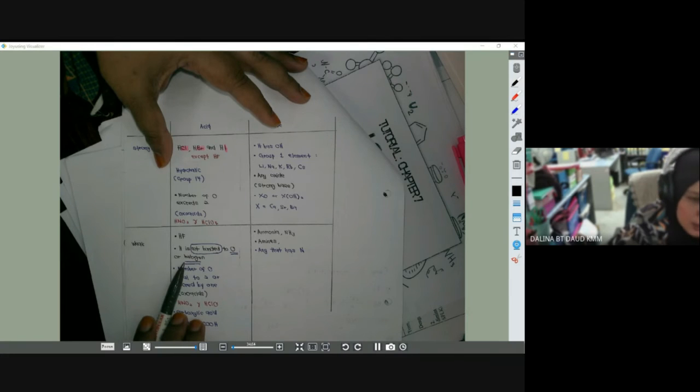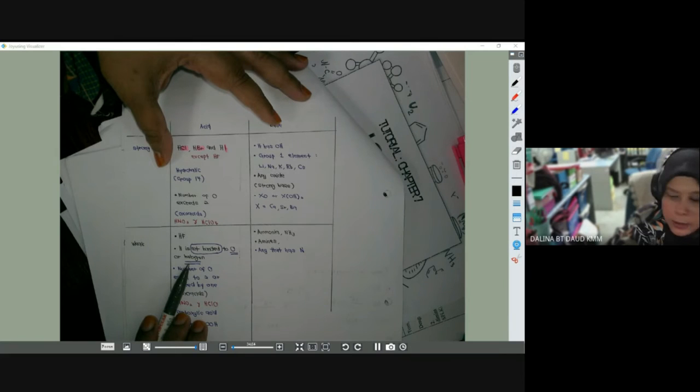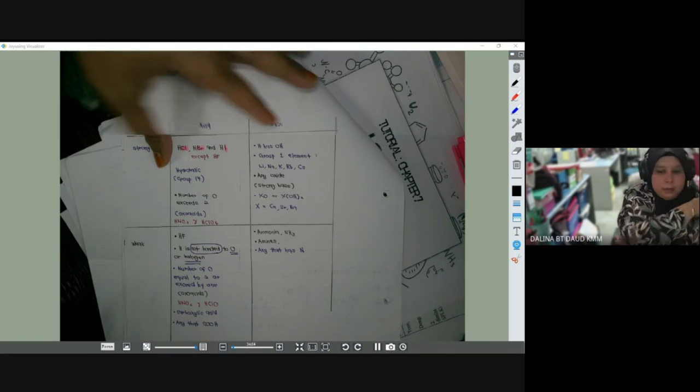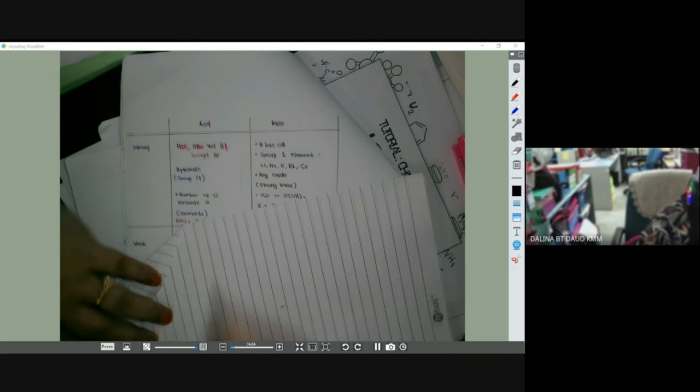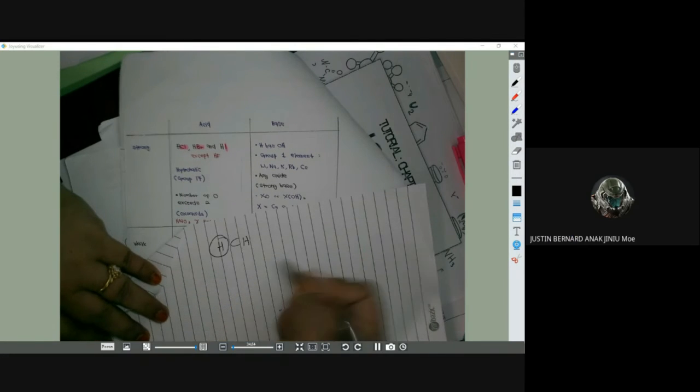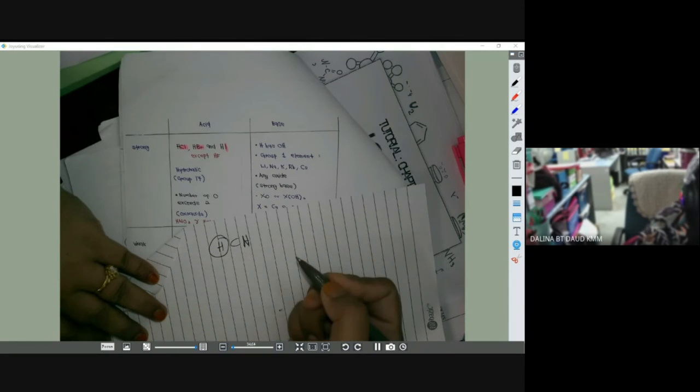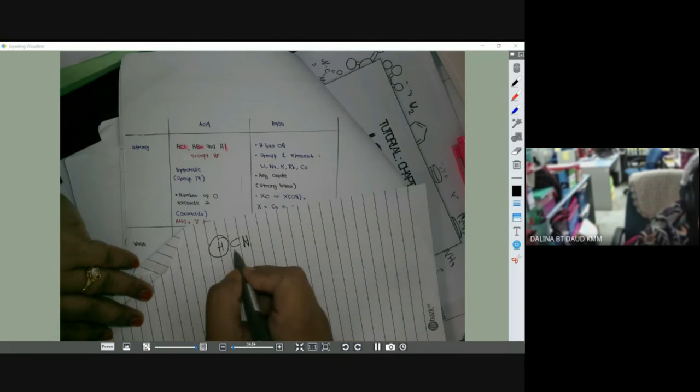Contohnya HCN tu lah. CN, is it a halogen? Justin, CN ada halogen tak? CN, is it kumpulan halogen? Kita tahu dia ada H, and then CN ni adalah kumpulan halogen ke, saya tanya?